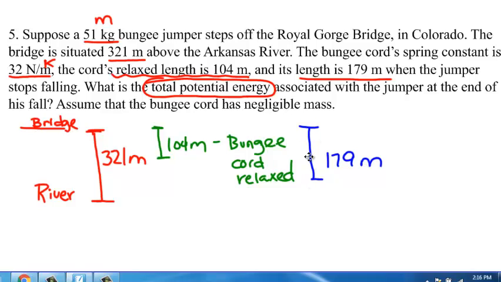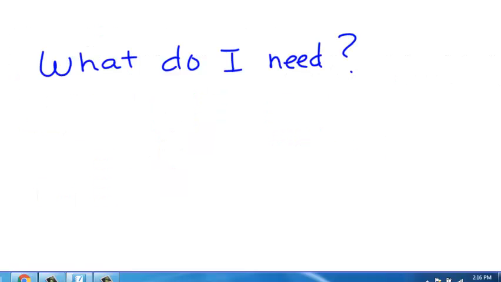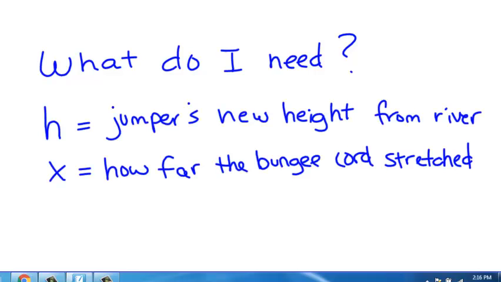This is how far the bungee cord jumper has actually gone down. Okay. So what do I need to find with this information? I need H, the jumper's new height from the river, and X, how far the bungee cord stretched out. How am I going to find these?